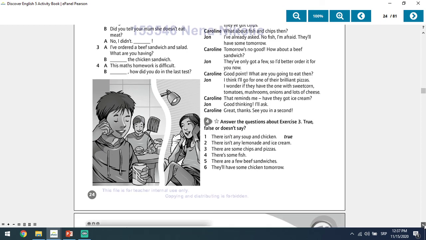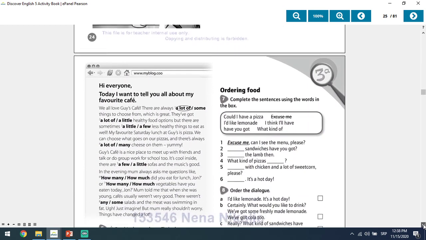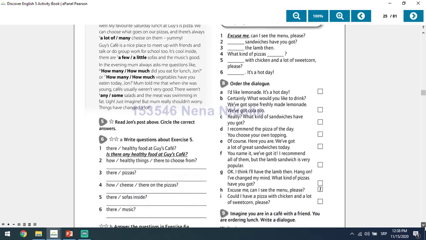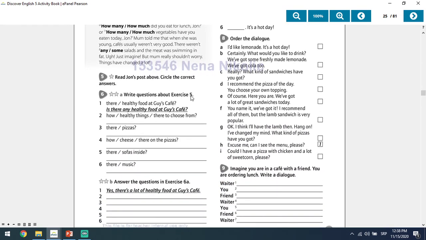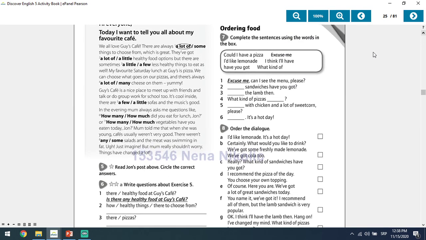On the next page, you have another exercise with quantifiers, so you have to circle one of the two which are given in this text. After that, you have to write questions about exercise 5 and answer them. Now let's move to ordering food.